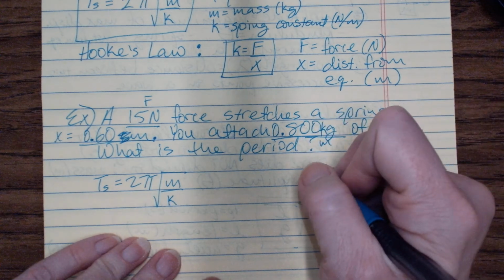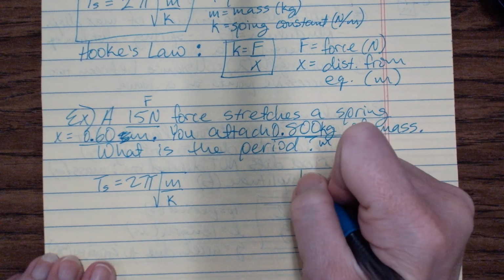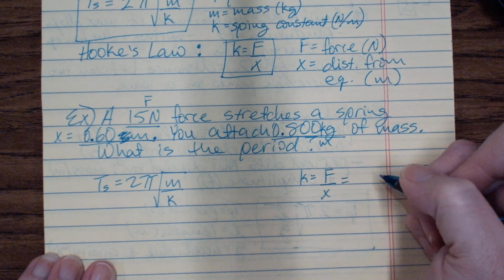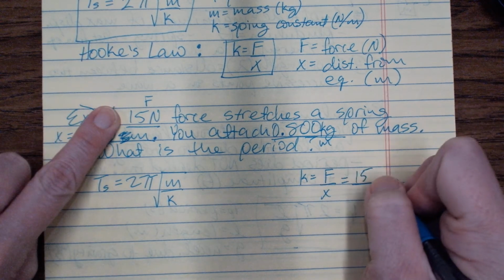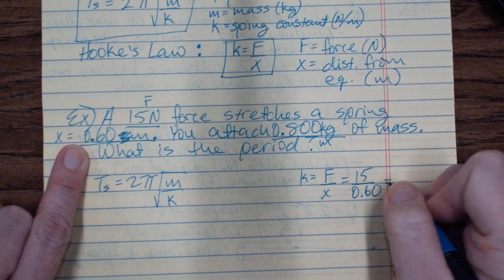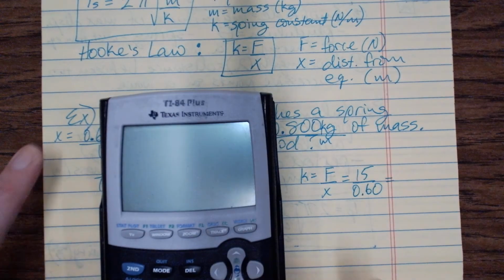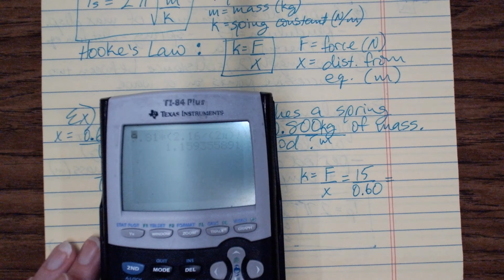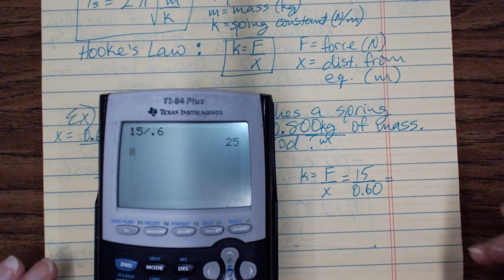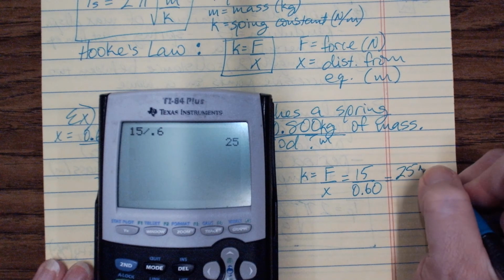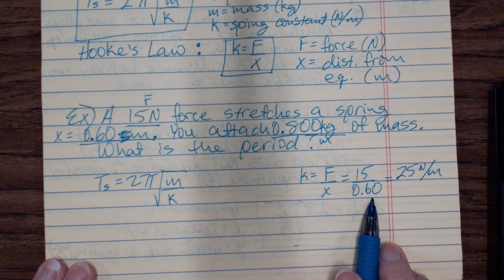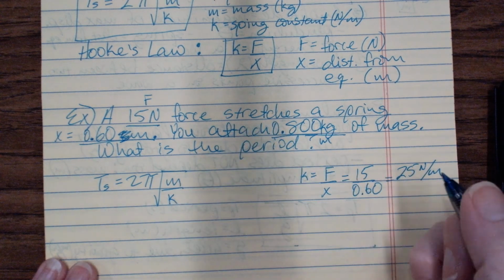So we're going to have to say, okay, k equals F over x. Well, the F is 15, and the x, because we've converted it, is 0.60. So 15 divided by 0.6 equals 25 newtons per meter. And it's newtons per meter because that's newtons and that's meters. And now we can plug it in right here.